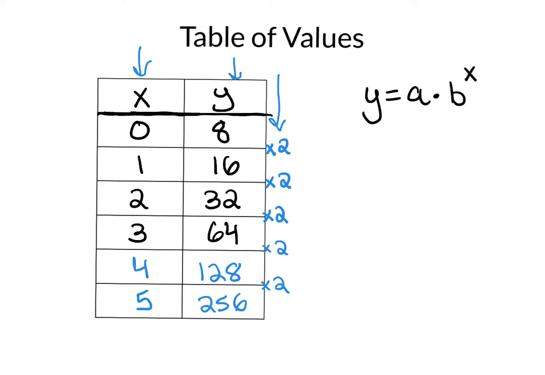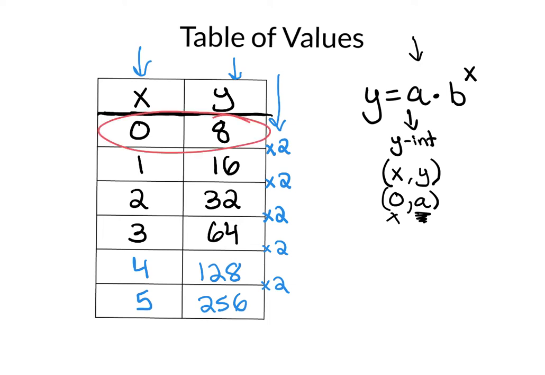So now, can we write an equation for the table of values, taking what we learned before? All right, so a, if you remember, is the y-intercept, the starting amount. It's the number that shows up when x is 0. So look at your table.